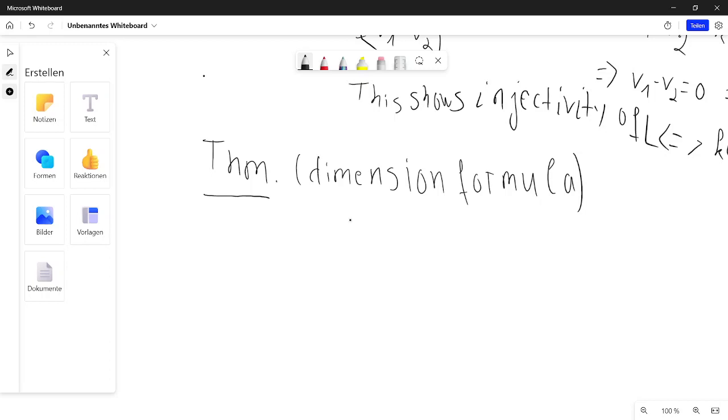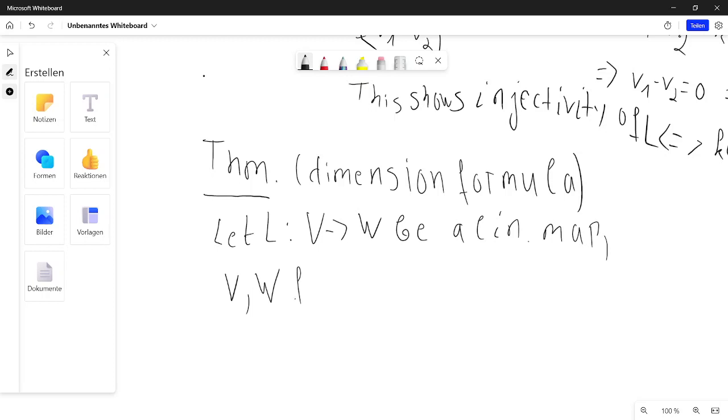Well, let me recall that. Let L from V to W be a linear map, with V and W finite dimensional vector spaces, that's basically vector spaces that we can handle pretty well.